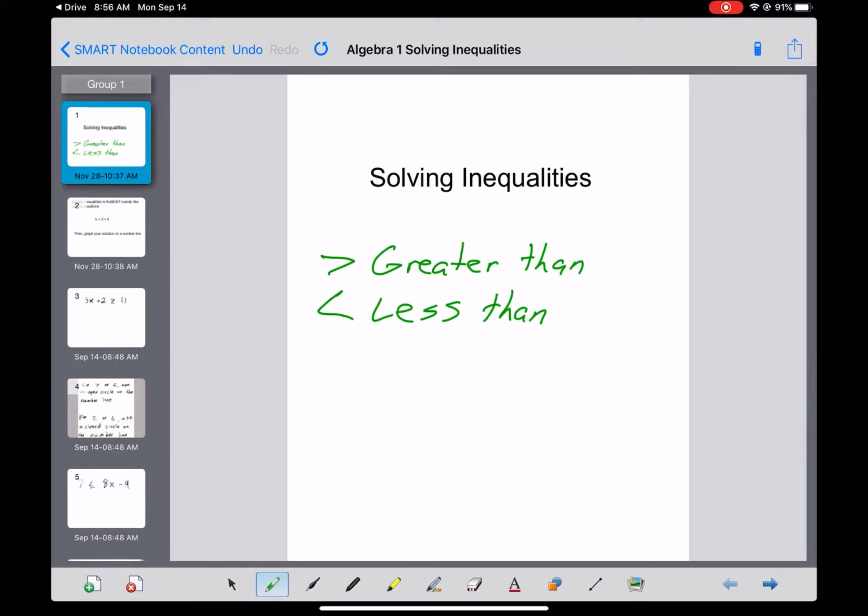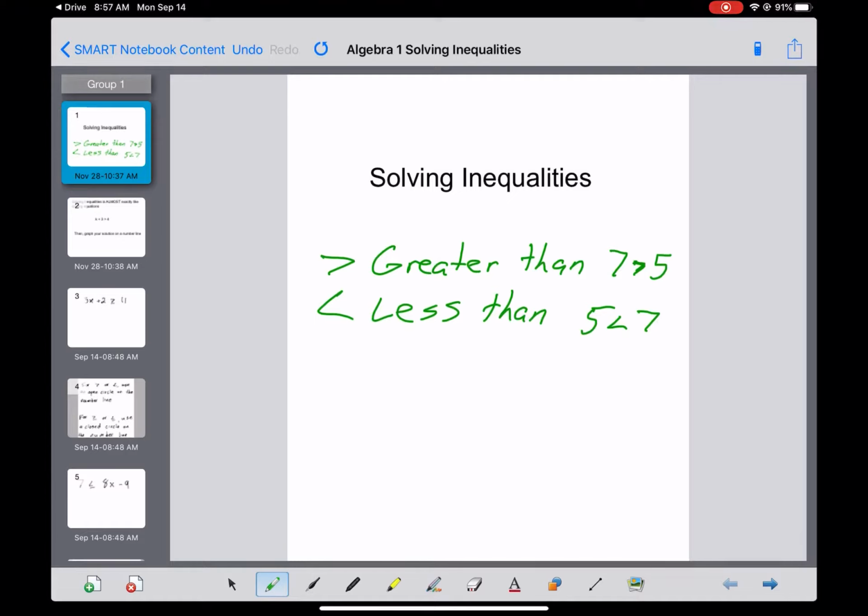So if the bigger number is on the left, I would say 7 is greater than 5. So the bigger number's on the left, I use the one that is open toward the left. Less than is for when the smaller number is on the left. So I would say 5 is less than 7. And again, the open part is still towards the bigger number. So it's just reading left to right.